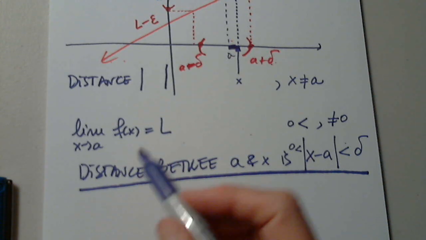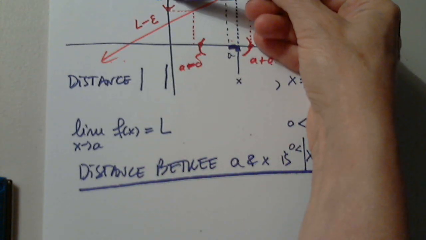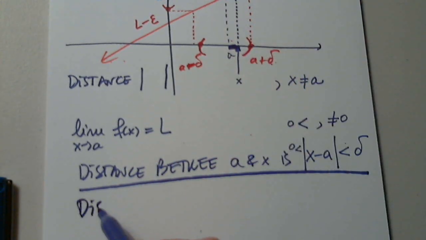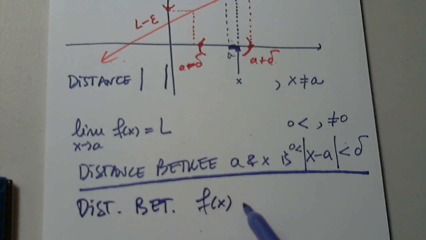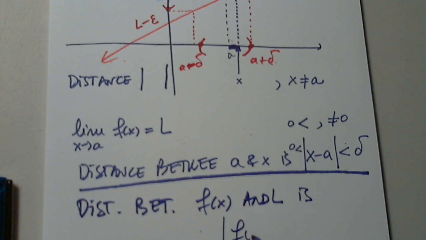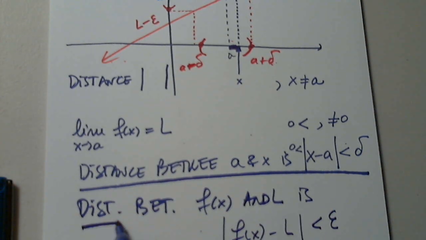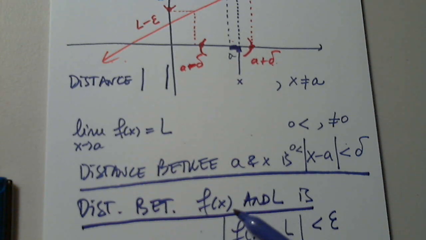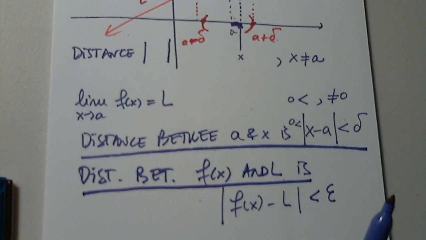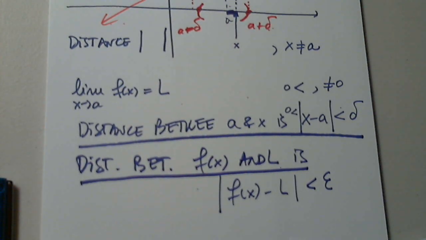Now also the distance between f of x and L is the absolute value of f of x minus L less than epsilon. This is how we write the distance between f of x and L. Okay, finally, let me stop this.